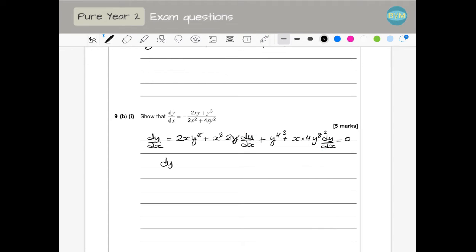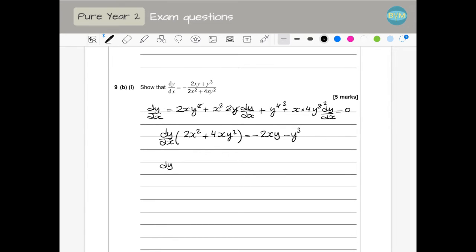So I'm going to write dy by dx multiplying 2x squared plus 4xy squared. This is going to be equal to this bit, but negative, so minus 2xy, and this one here minus y cubed.